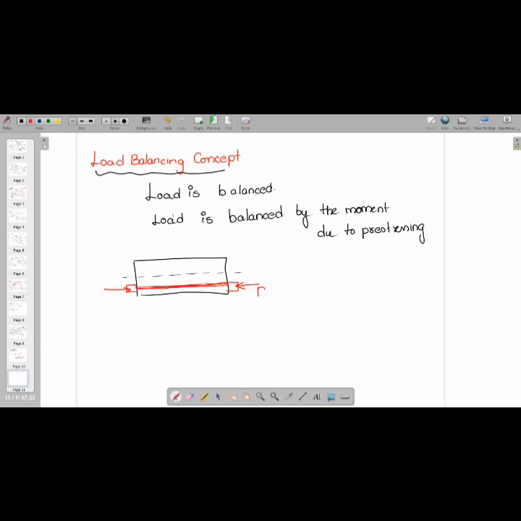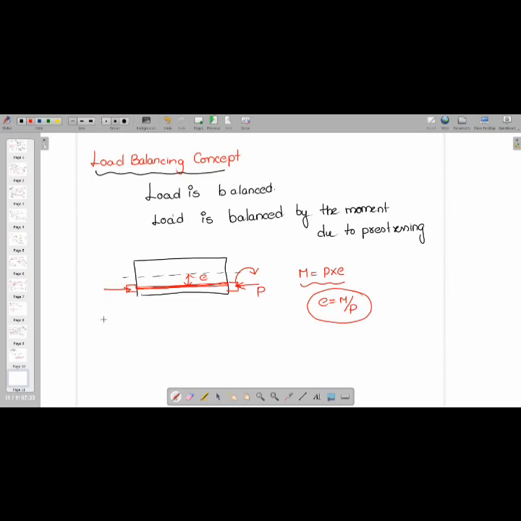So here it is P, and here it is the eccentricity. So the moment is equal to load into eccentricity. So eccentricity is equal to M by P.